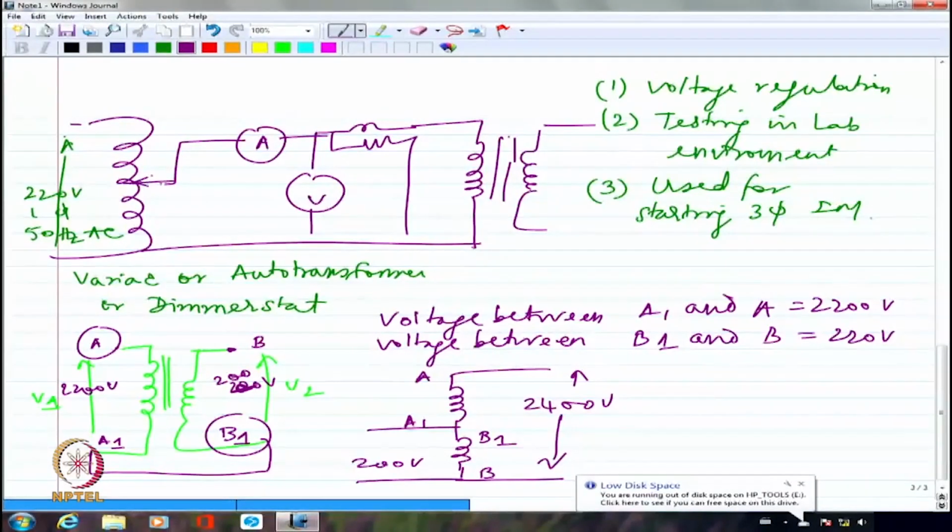I am starting off with this as minus, this as plus, and this as plus, and this as minus. Unless I connect these two together, they will not be additive. Plus and minus, opposite polarities, have to be connected together. Only then will they be in series addition. If I connect the same polarities together, it will be series subtraction.